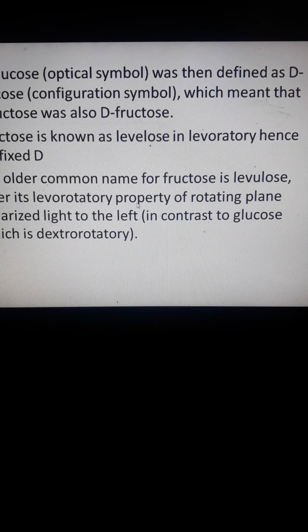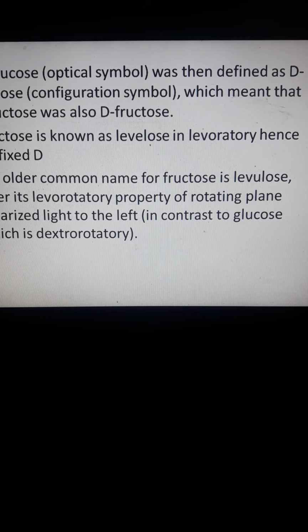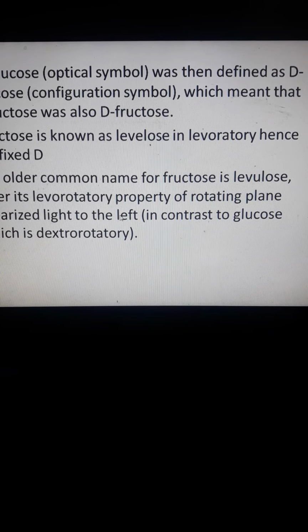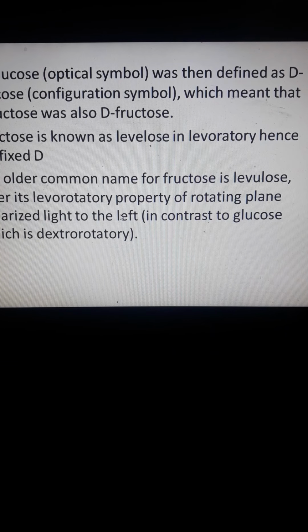After the laboratory property of rotating plane polarized light to the left, in contrast to glucose, which is dextrorotatory. Okay, so for you to know that L fructose was also D fructose. Okay, fructose is levulose.